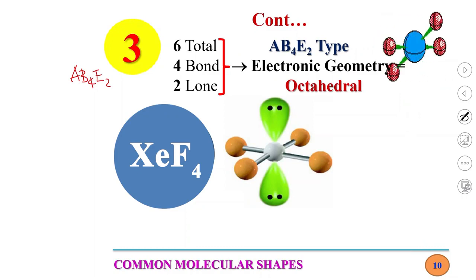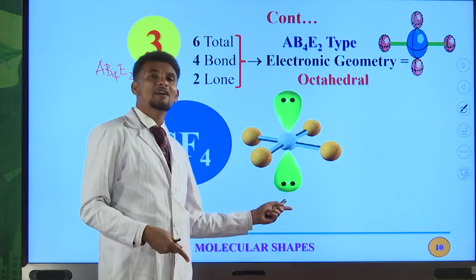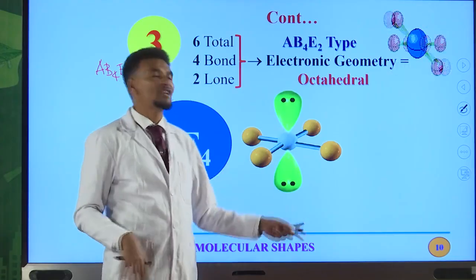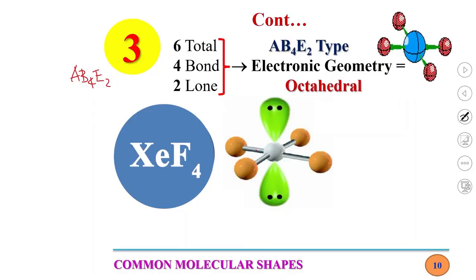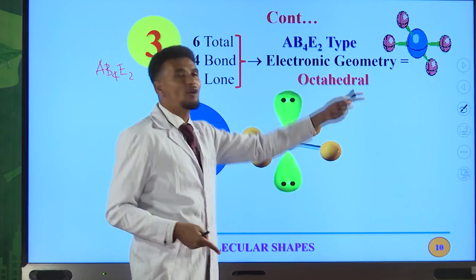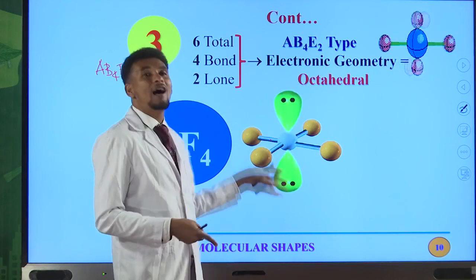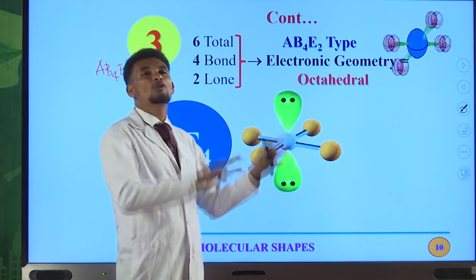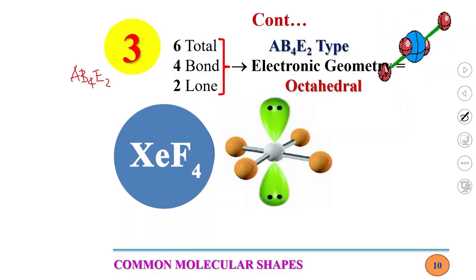To minimize repulsions, the lone pairs are pointed toward opposite sides of this octahedron. We have 4 bonding pairs. To predict the electronic geometry, connect all the electron pairs, both bonding pairs and the lone pairs of electrons.